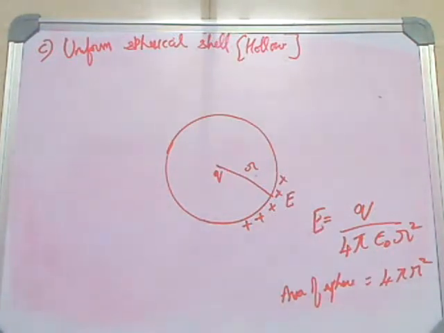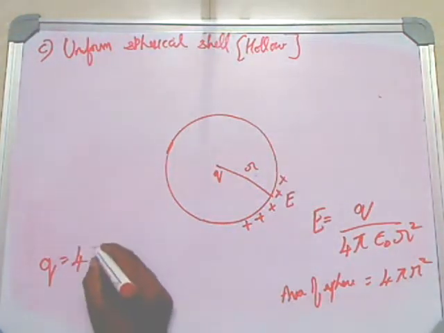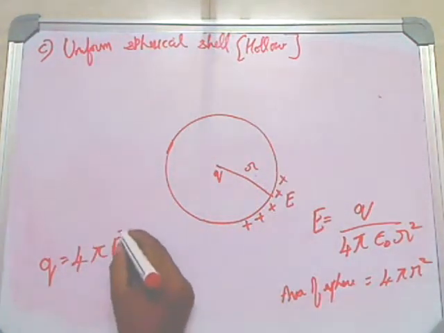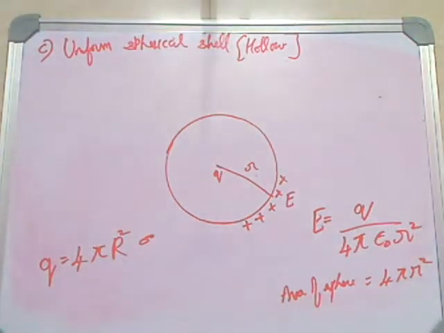Now, one more thing that you can consider here, the value of Q, the total amount of electric charge that is present here, is 4 pi r square multiplied by the charge density. Now, this is how you in fact arrive at the electric field on a uniform spherical shell.